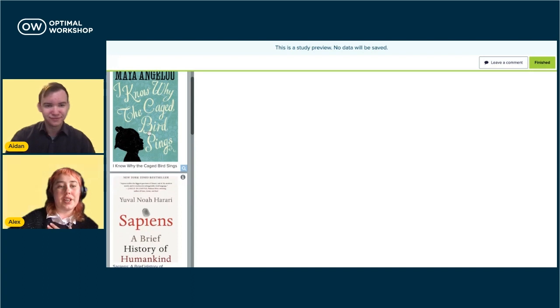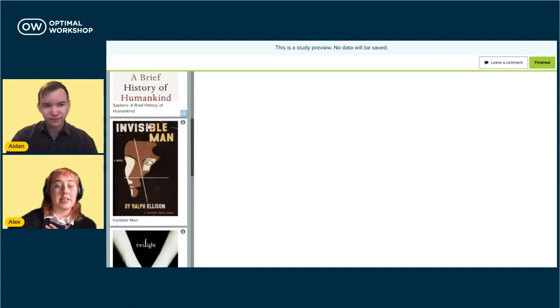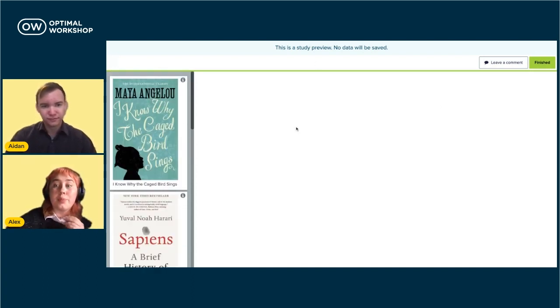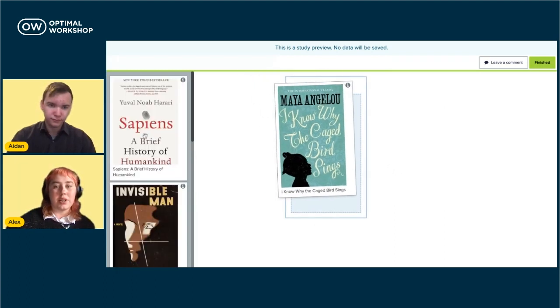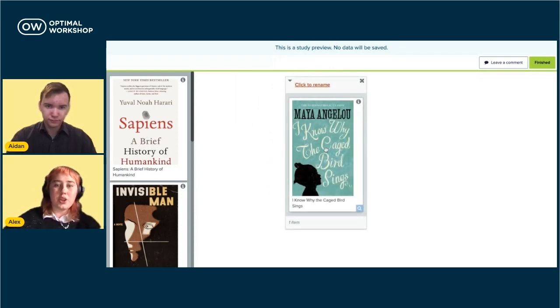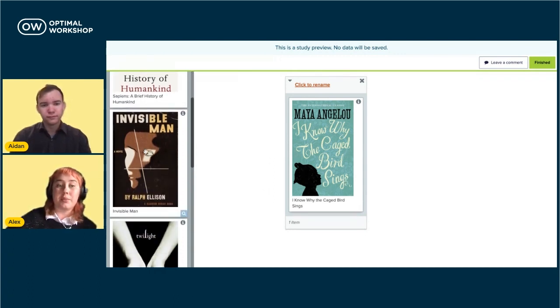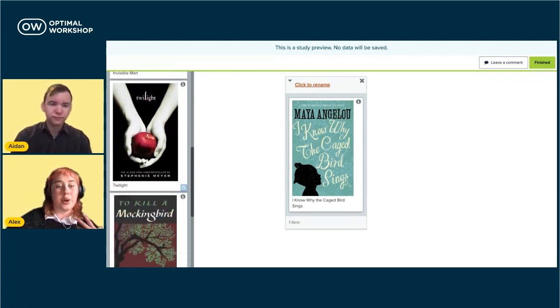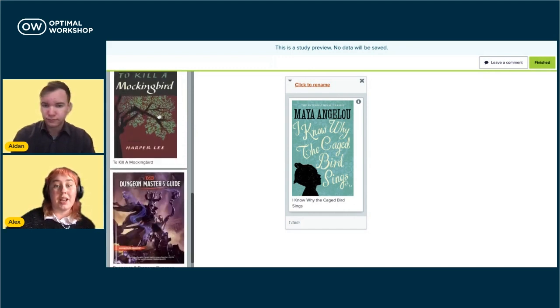Each card is a different book. It's an open card sort, so my participant, which I am being right now, is going to be able to create the categories themselves. You'll notice that my cards also have images. Within OptimalSort, this is something you're able to do, so you can not only have labels, but also add images.